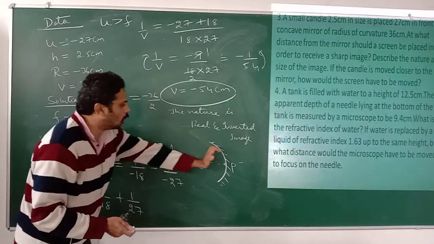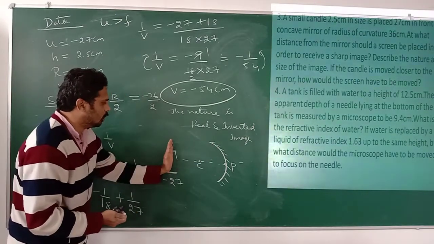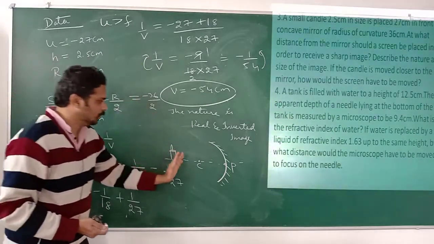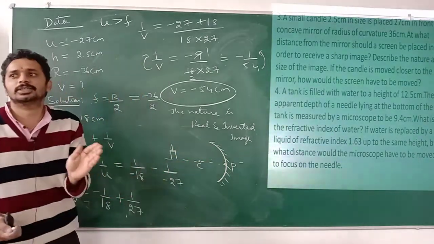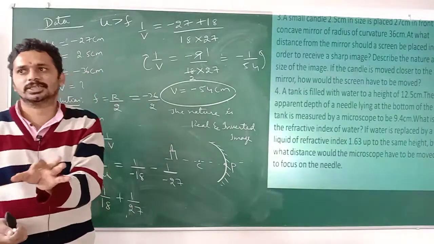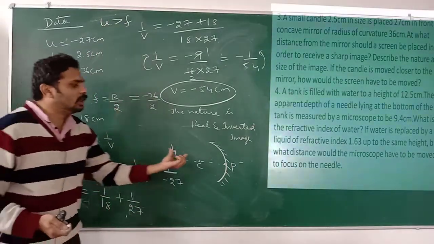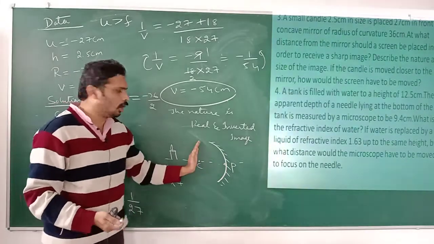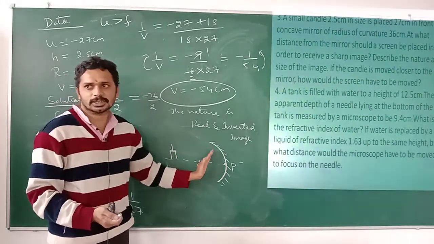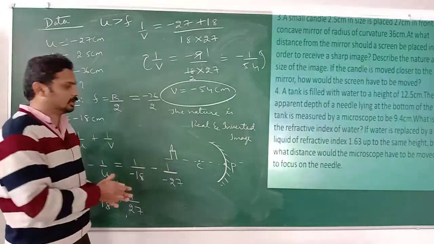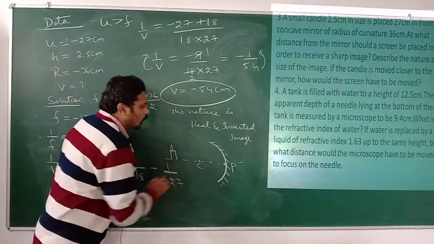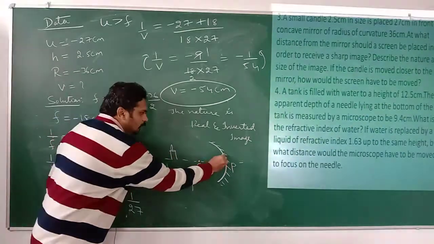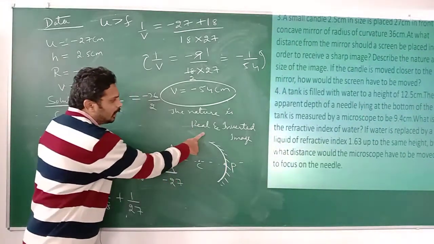Now you move the object. Object distance decreases. If object distance decreases, image distance must increase, because we are keeping focal length fixed. For every mirror, focal length is fixed. To get the sharp image, you have to place the screen in front of the mirror, because this is a real and inverted image.